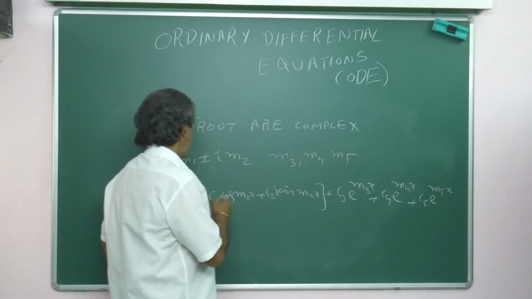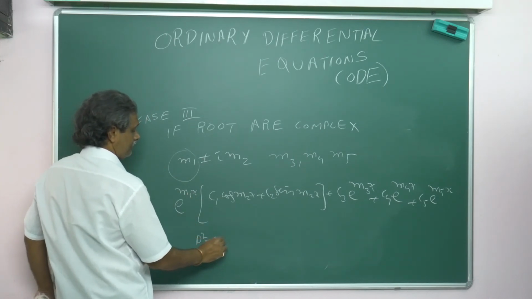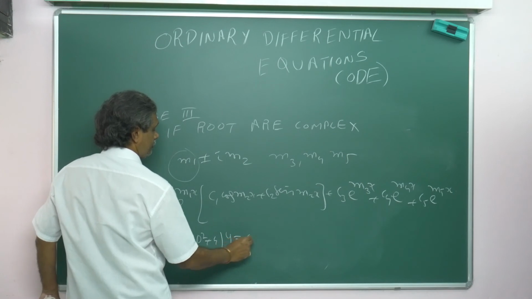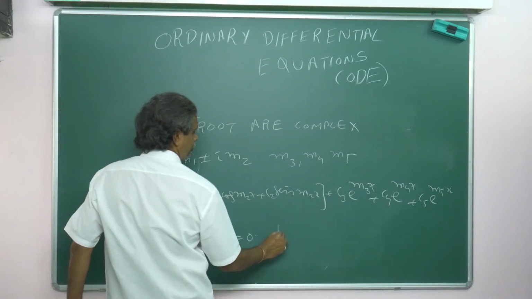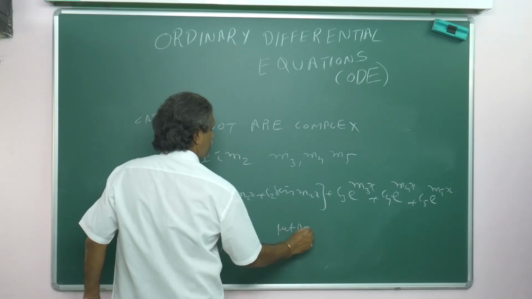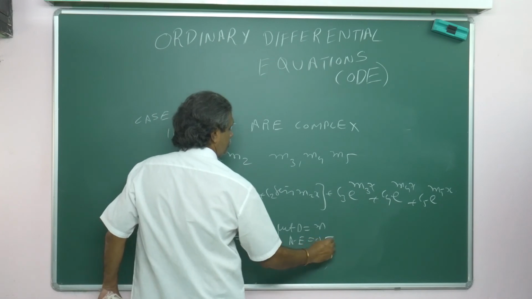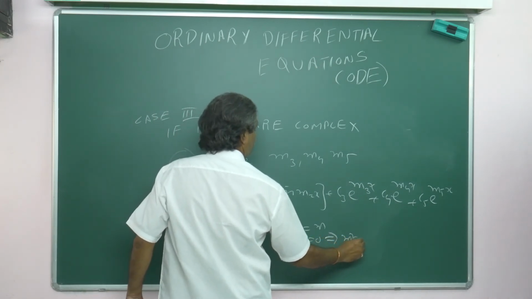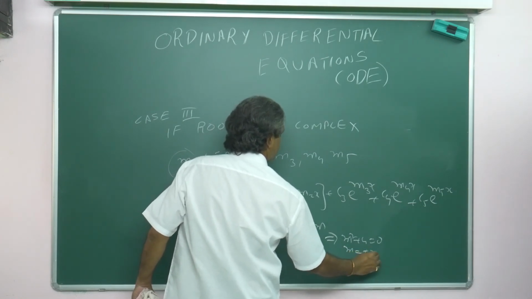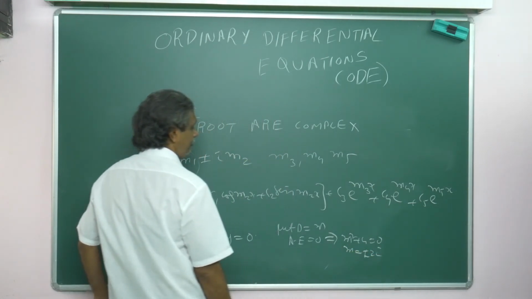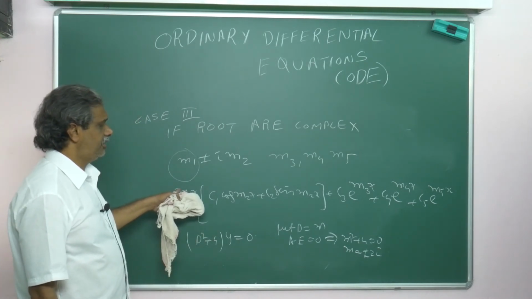Suppose in some cases you don't get the real part. Suppose we have (D square plus 4) y is equal to 0. Then you get the auxiliary equation: put D is equal to m. Auxiliary equation: m square plus 4 is equal to 0, m is equal to plus or minus 2i. Then what will you write for CF? This is e power 0x, the real part is 0.